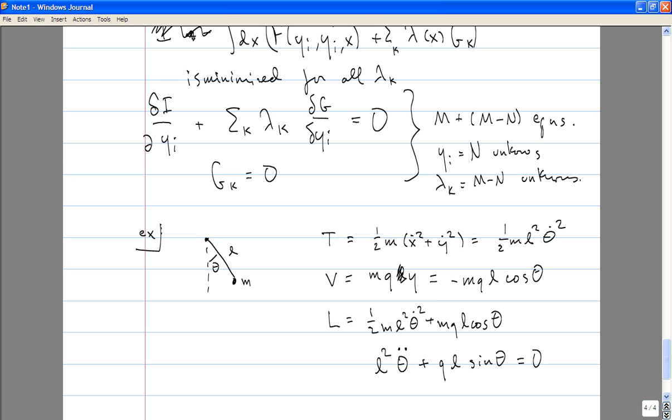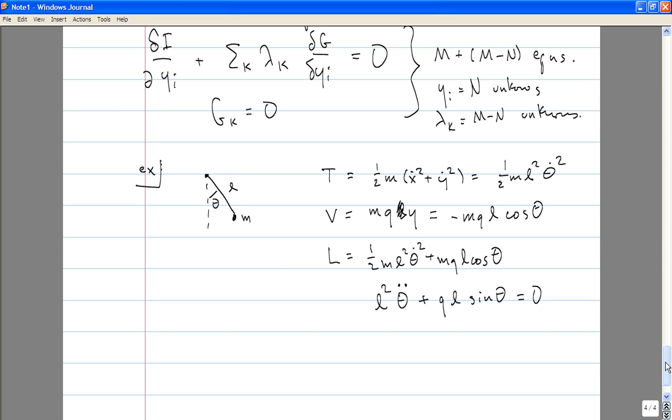So, of course, there's a different way of doing the problem. So this was the first way, which is the standard way, where we solve for the constraints at the very beginning.